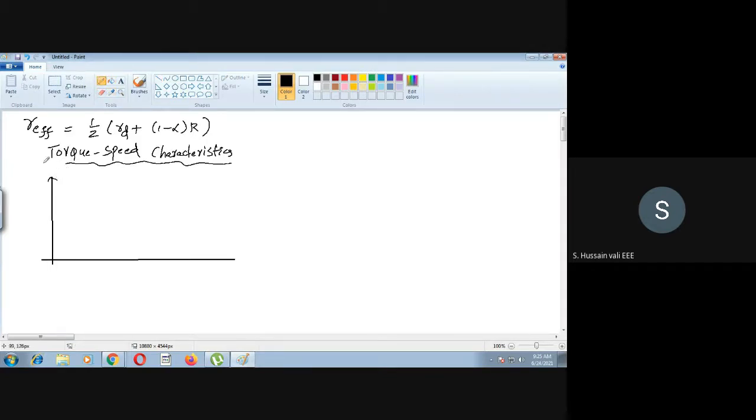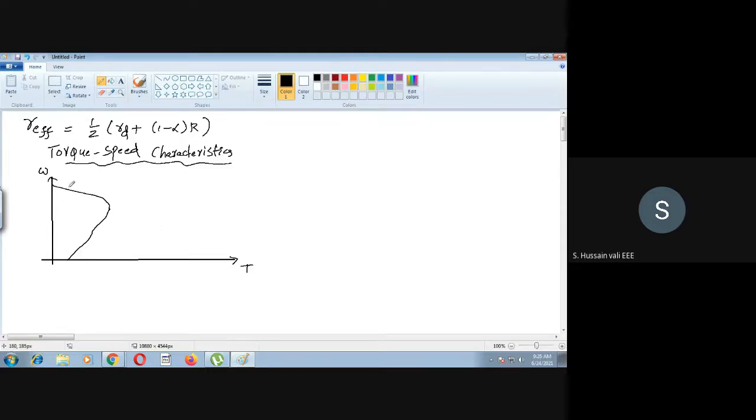We'll take this as omega, it is speed, and this is torque. Then you will get the graph something like this. This is one graph for one value of R alpha.